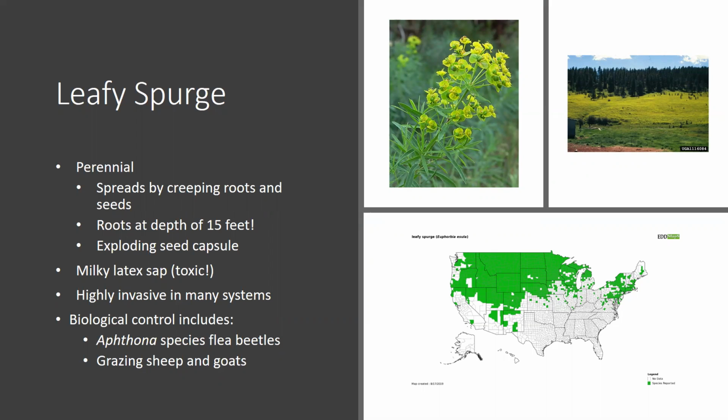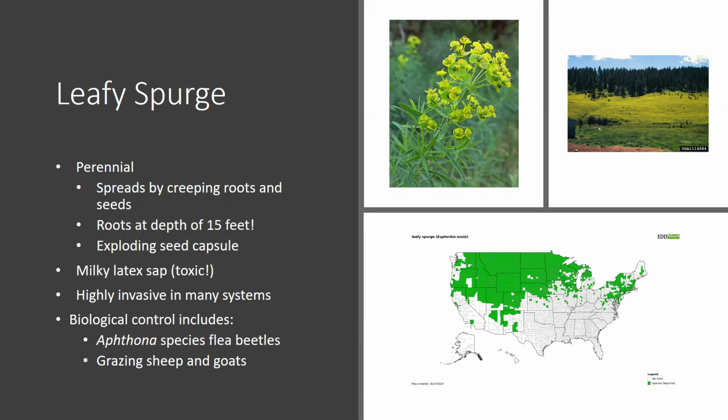And with the leafy spurge, it produces a milky latex sap, which is what is toxic to animals. It is also highly invasive in many systems.